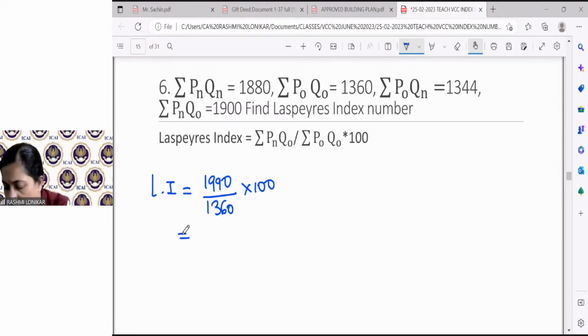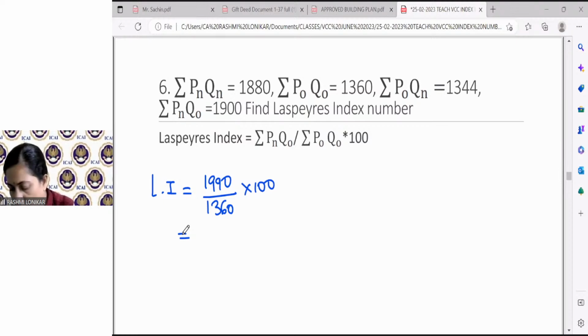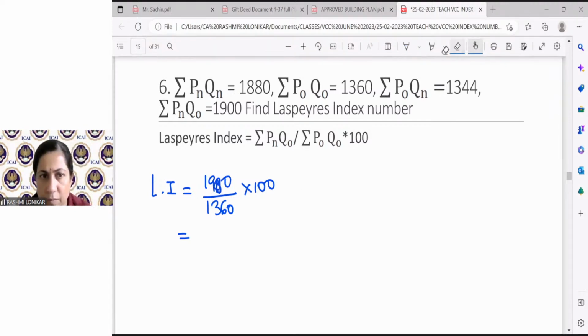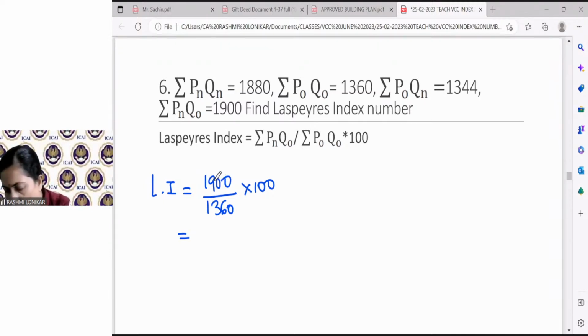So how much is this? 1900 divided by 1360. So this is 139.7.